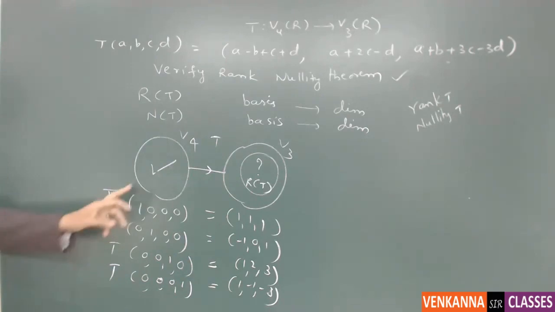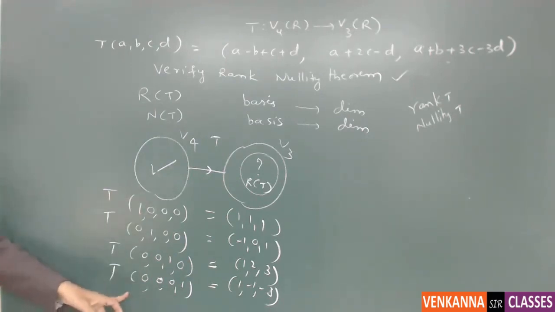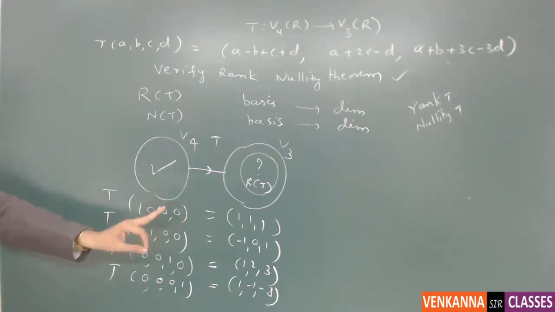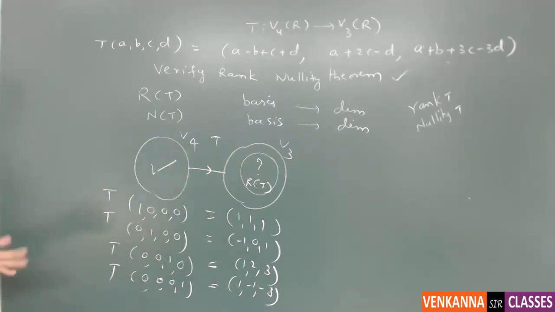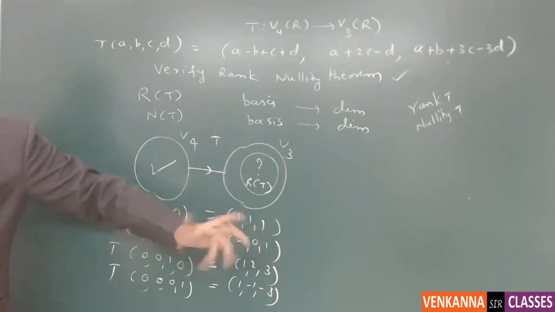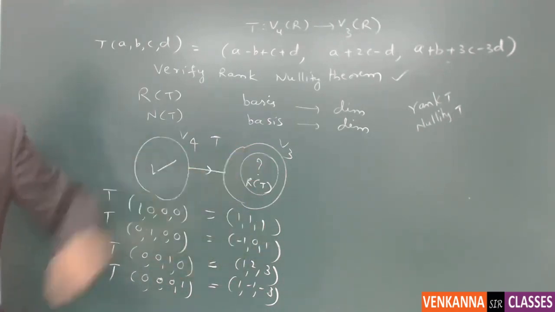Now see, this is a basis. If you apply T for the basis, the result usually is a spanning set, not a basis. So this set is a generating set for the range.